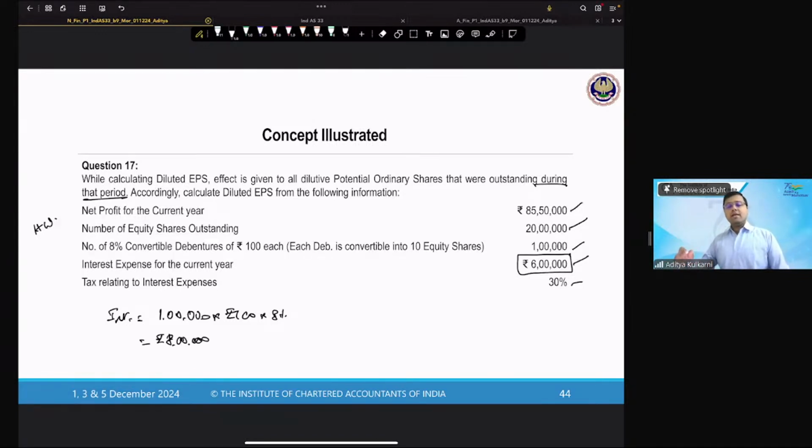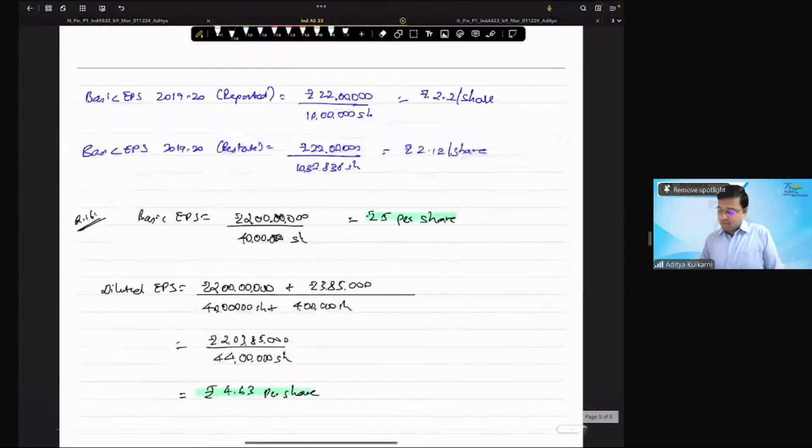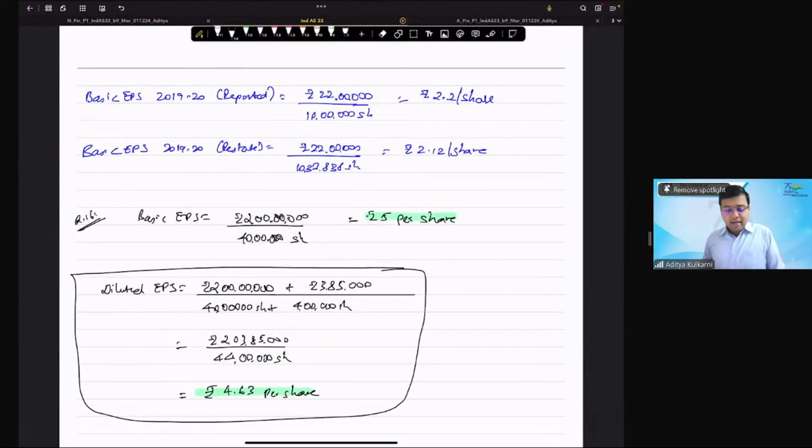So when you are doing your dilution step, when you are doing this step, you will add how much? You are going to add 1 lakh into how many shares?